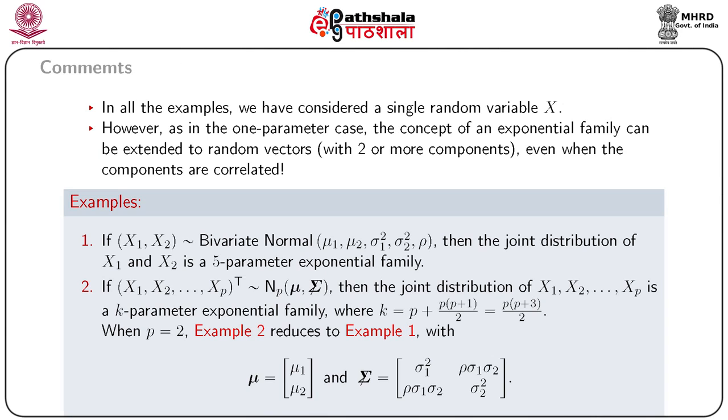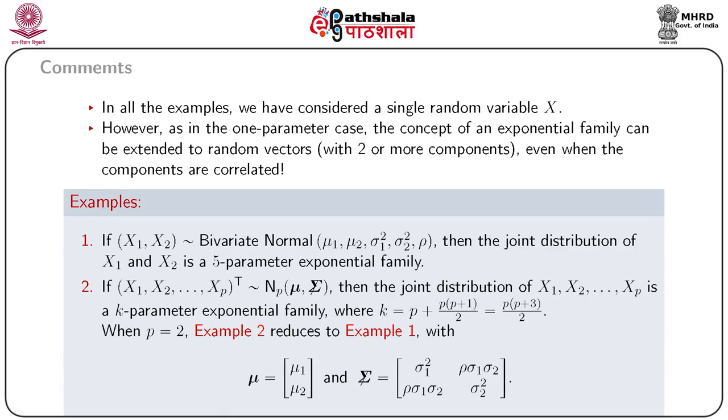In all the above examples, we considered a single random variable x, but the concept of the exponential family can also be extended to the joint distribution of p-dimensional random vectors. Consider the following examples.